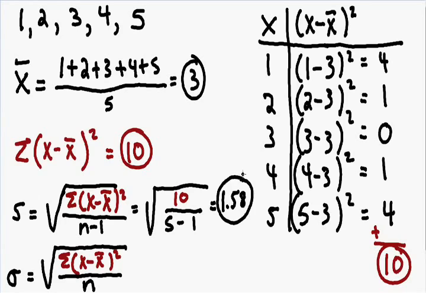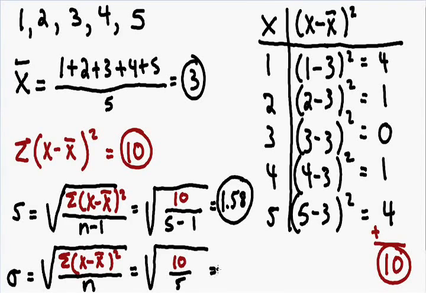So now let's assume that these 5 numbers represent an entire population, and we need to find the standard deviation. Then we'd have to use the second formula, which is the square root of the summation of x minus x bar squared, which we know is 10, all divided by n, which we know is 5.